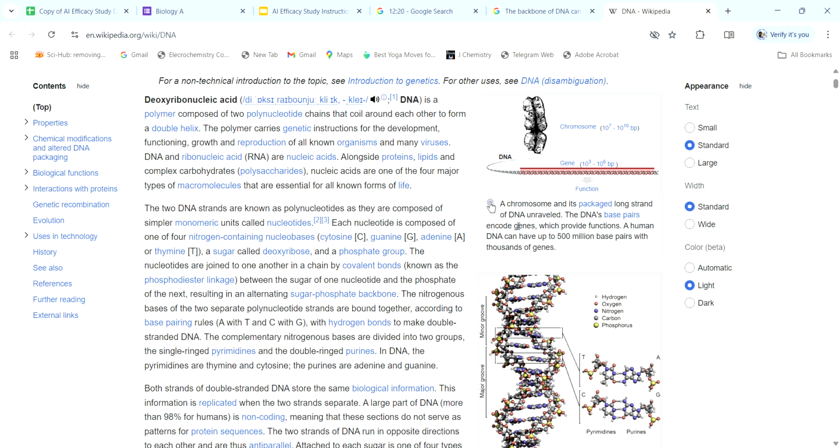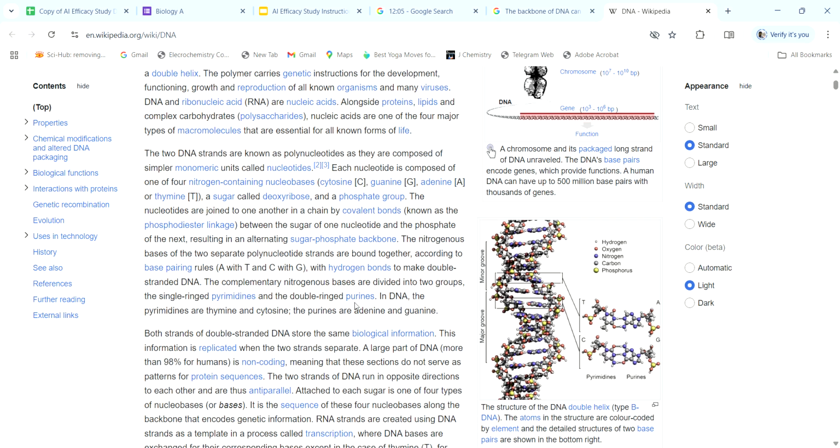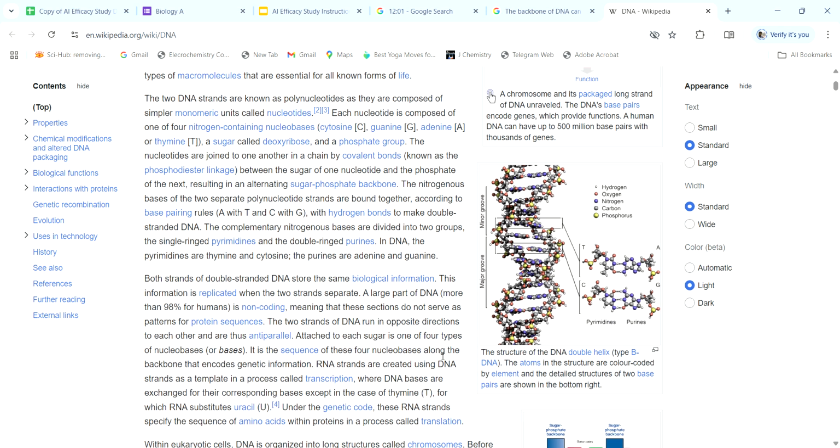Nucleic acids are one of the four major types of macromolecules that are essential for all known forms of life. The two DNA strands are known as polynucleotides as they are composed of simpler monomeric units called nucleotides. Each nucleotide is composed of one of four nitrogen-containing nucleobases, that is cytosine, guanine, adenine, and thymine, a sugar called deoxyribose, and a phosphate group.